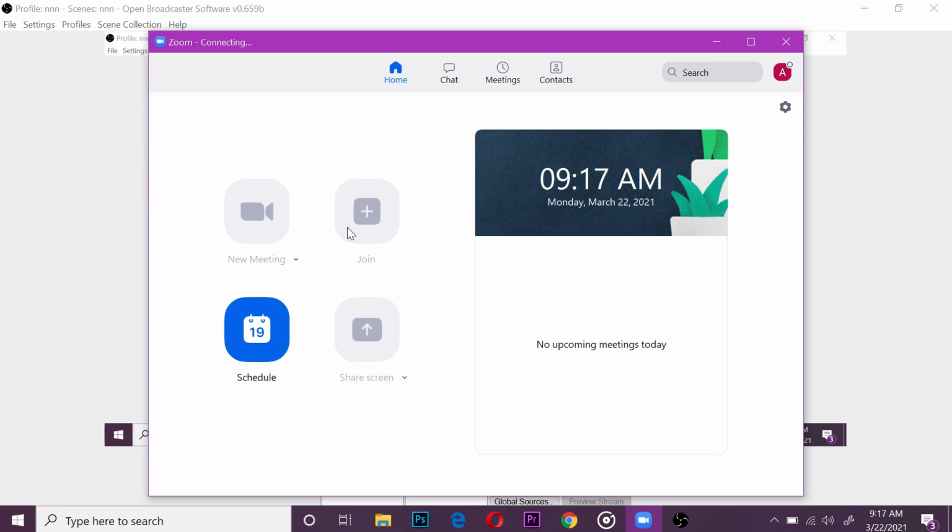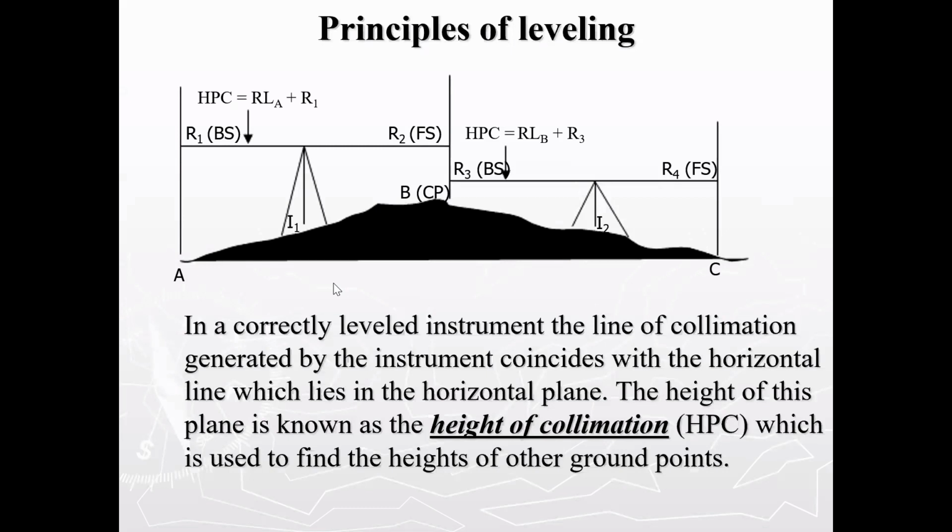We have our staff at point A. We have our level at point I1, relatively halfway between point A and B. And we know the reduced level of point A. To find the reduced level of that horizon that runs just above the tripod, we take the reduced level of point A and we add the staff reading at point A, which is R1.